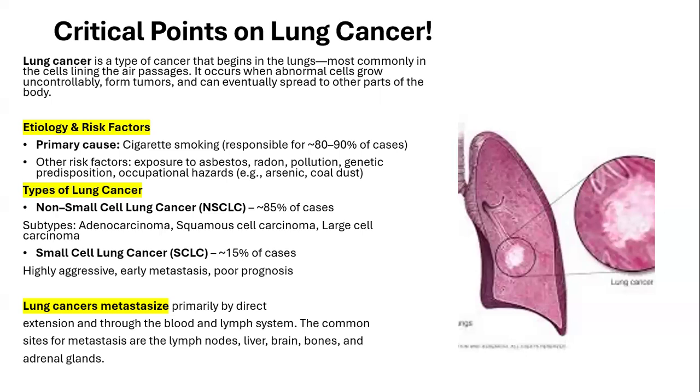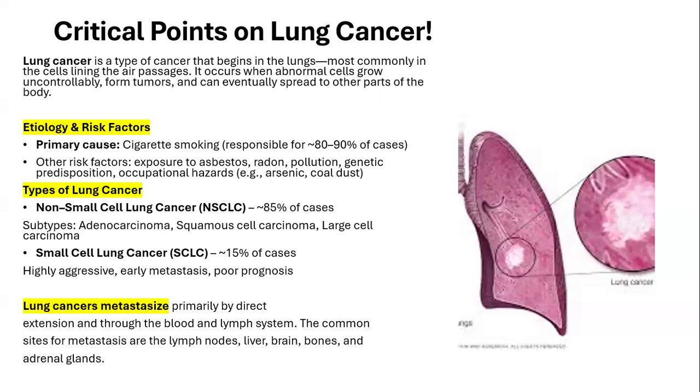Here are the critical points on lung cancer that you need to know and understand. Lung cancer is a type of cancer that begins in the lungs, most commonly in the cells lining the air passages. It occurs when abnormal cells grow uncontrollably, form tumors, and can eventually spread to other parts of the body.